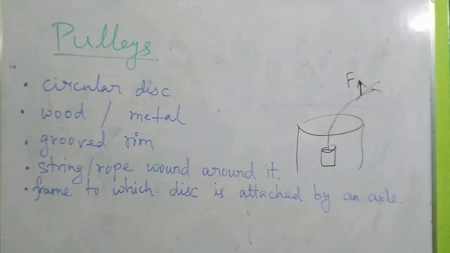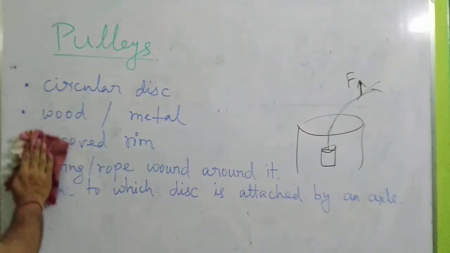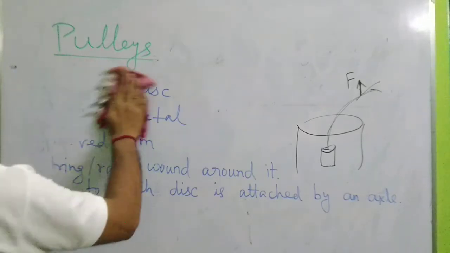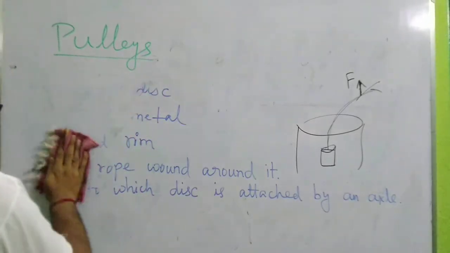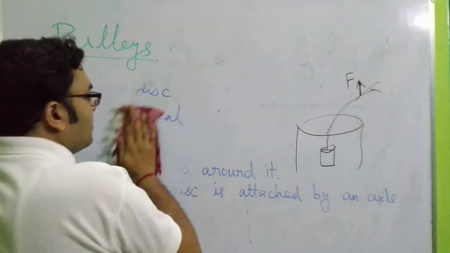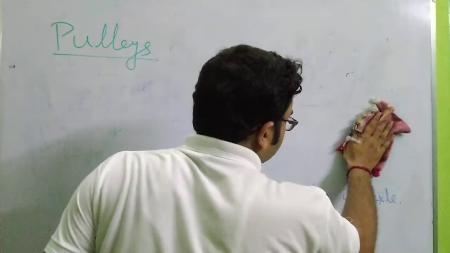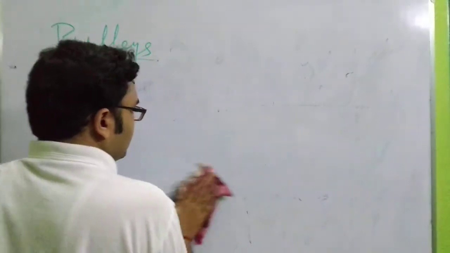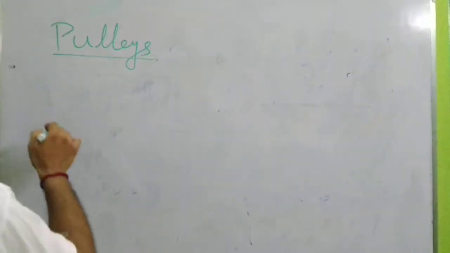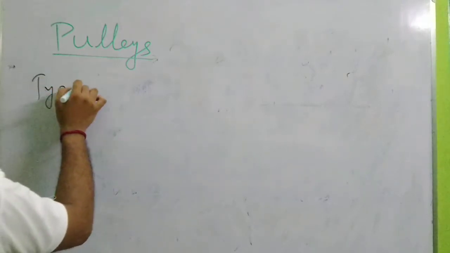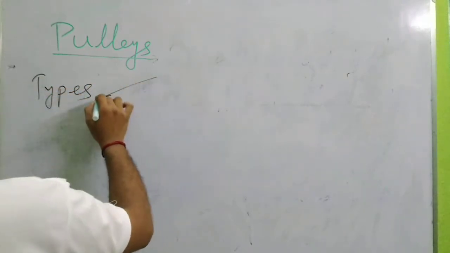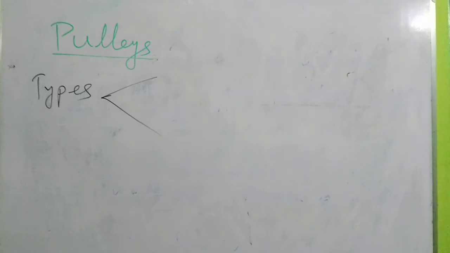So now let us quickly move on to the types of pulley. Depending on whether the frame is rigidly attached or not, pulleys are of two types.